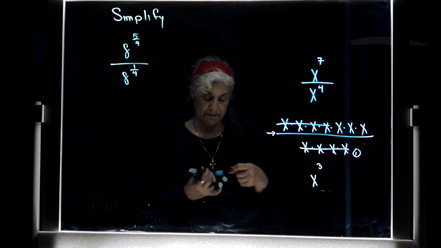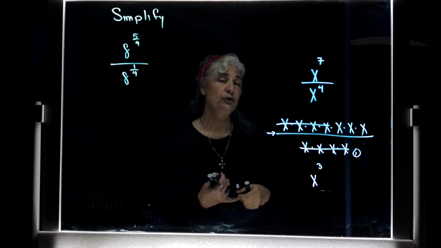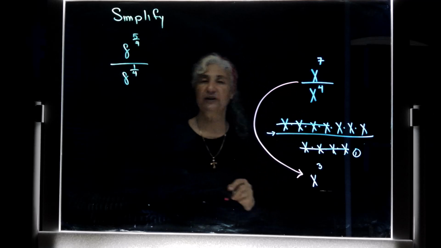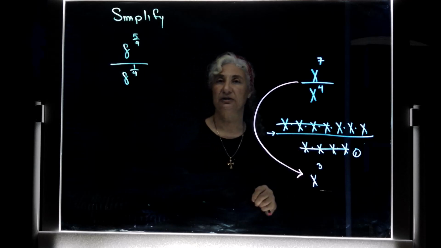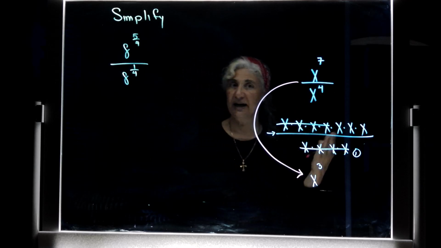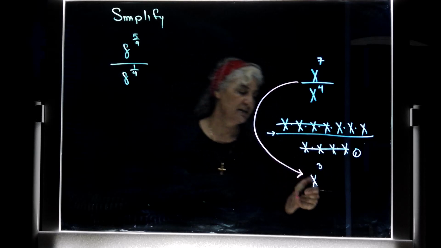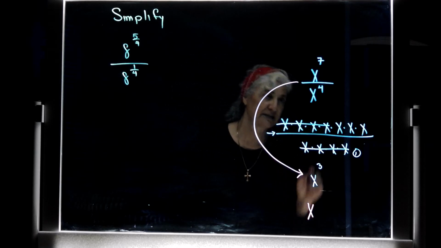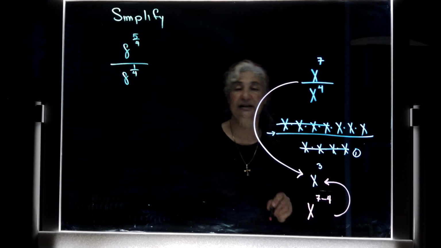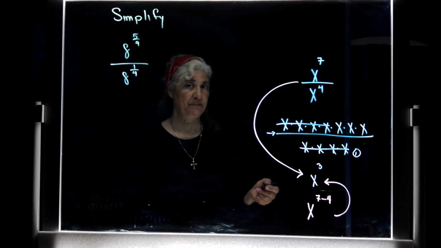So answer me this. How could I get from the original problem to this final answer without doing this work? I could take the 7 and the 4 and I could subtract. I could have taken x, the bases are the same, and I could have taken the power in the numerator and subtracted the power in the denominator and still have gotten x to the third, right?